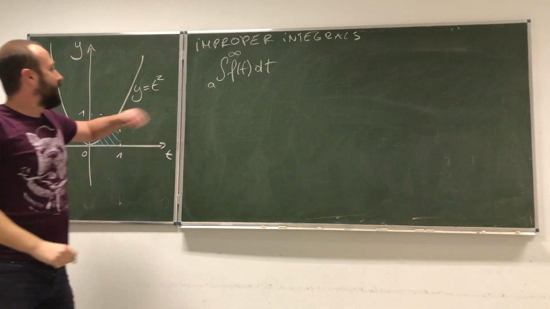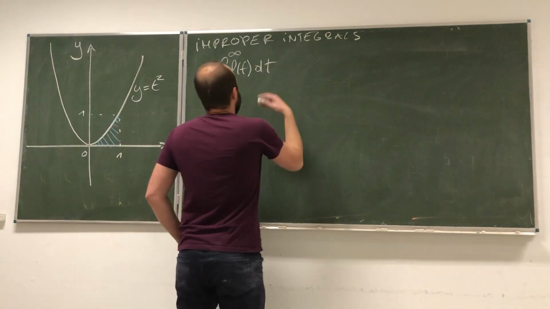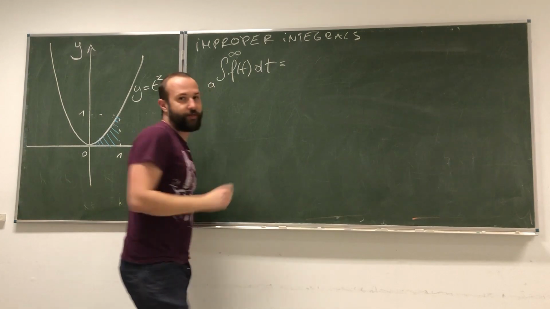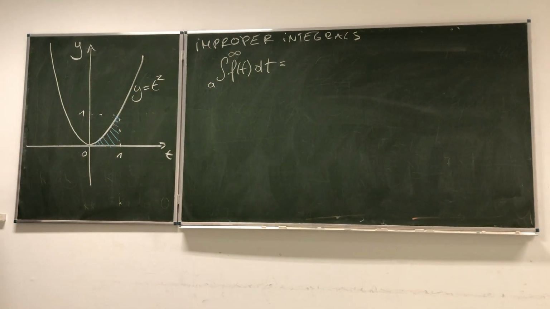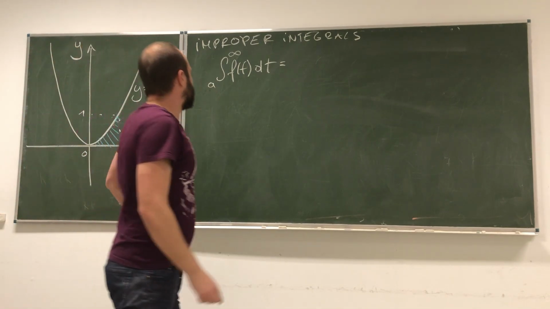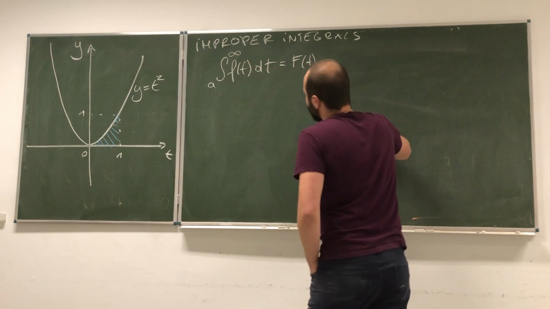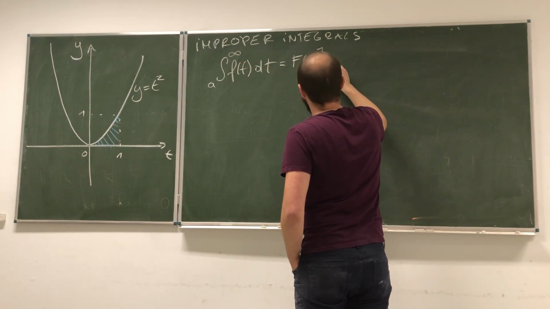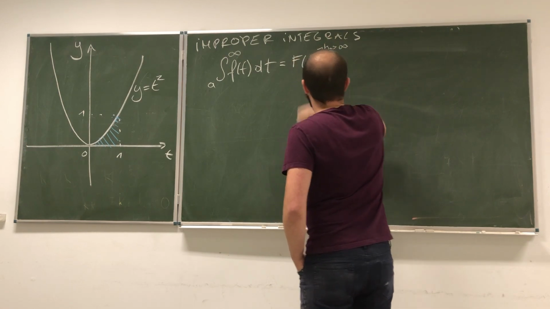So we want to find the area below this function from a to infinity. How do we do it? Well, we start the way we did it with proper integrals. So we first find the indefinite integral, and here we write a, and b goes to infinity.